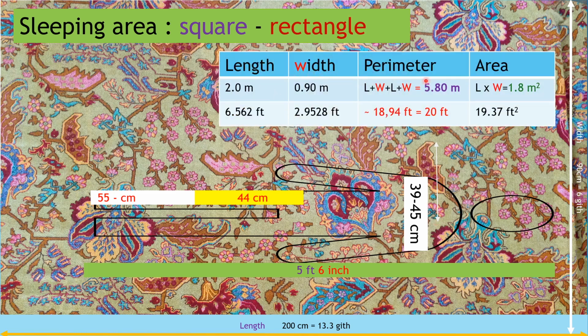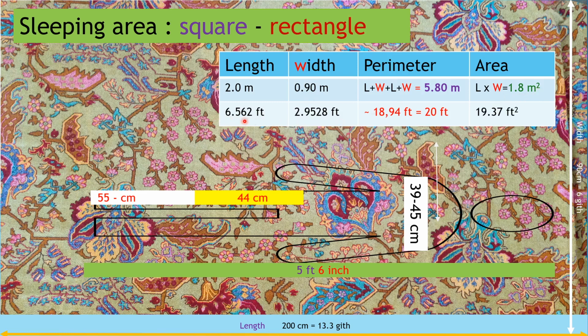Length, width, perimeter, area. 2 meter is length, 0.9 meter is width. So add length, width, so you have 5.8 meter perimeter. Area is length multiplied by width. This is 2 times 0.9, 1.8 square meters.